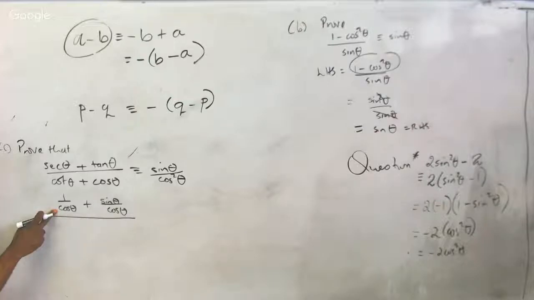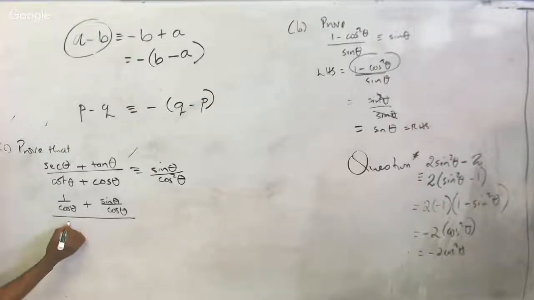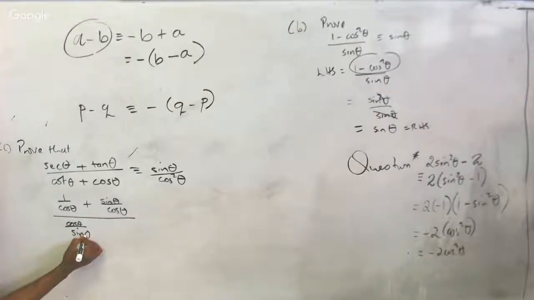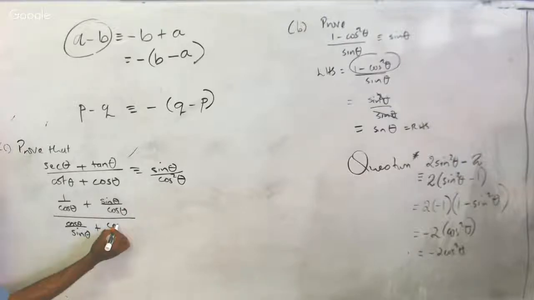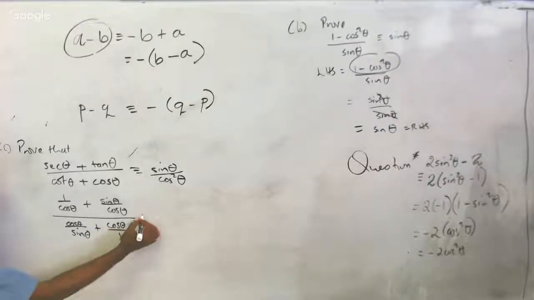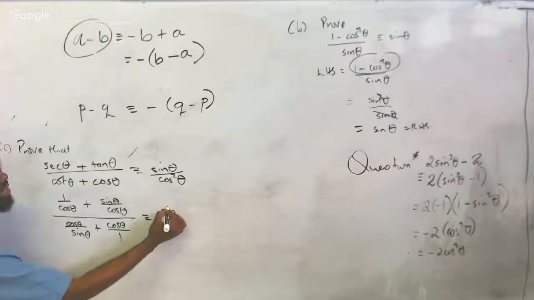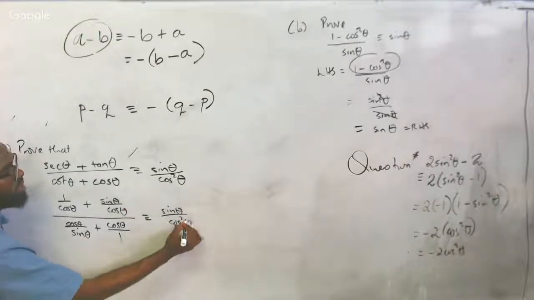So it's very easy to remember. The cosecant is one over sine. And that is equal to sine theta upon cos squared theta.